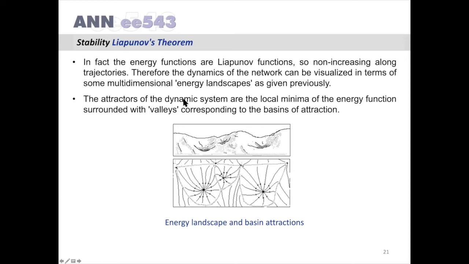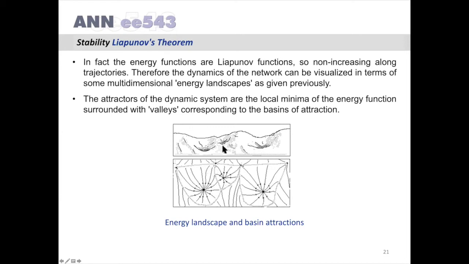The attractors of the dynamic system are the local minima of the energy function surrounded with valleys corresponding to the basin of attraction. So here, if we consider the energy surface, we have local minima and the attractors correspond to these local minima.